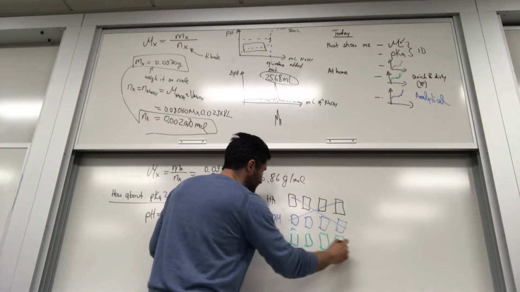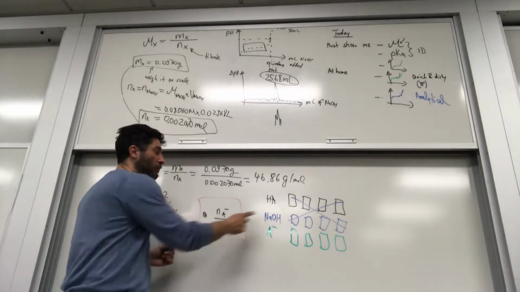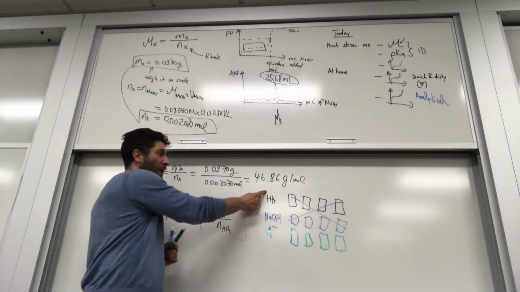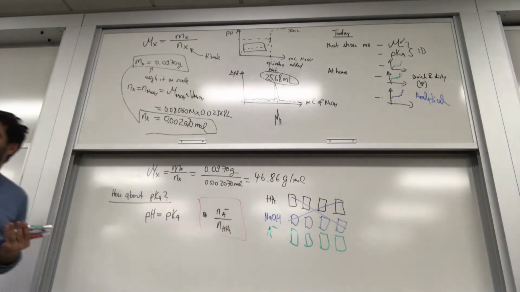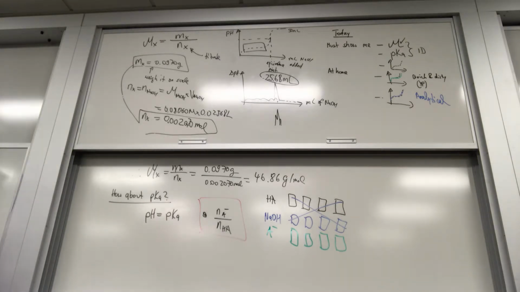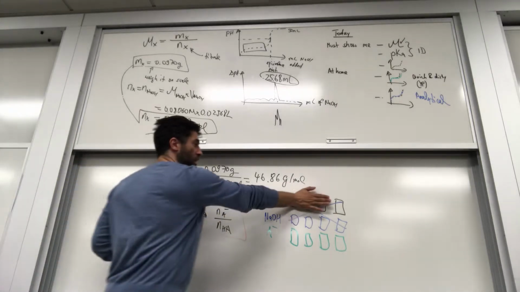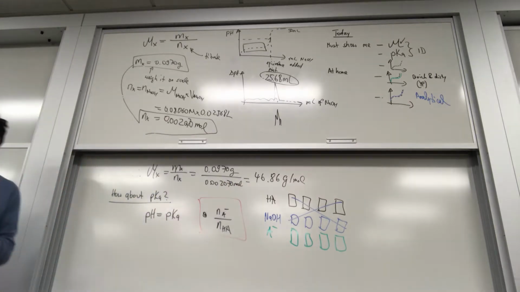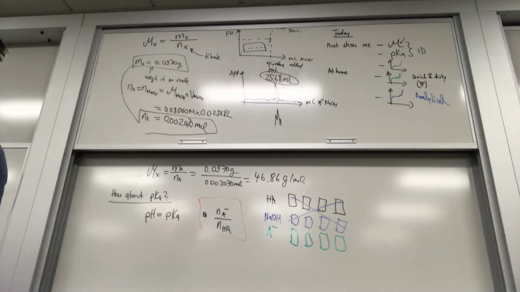My question is, how much NaOH do I need to add so HA and A minus are the same? What do you think, Eduardo? If I add 4 NaOH, there's no HA. 2. Ken, is that right?